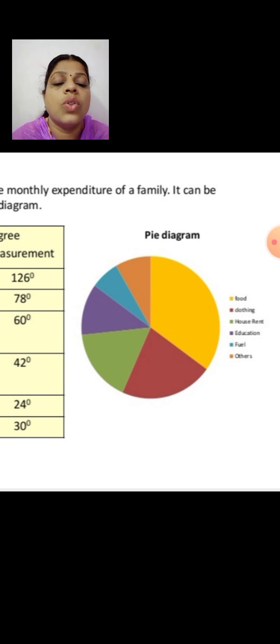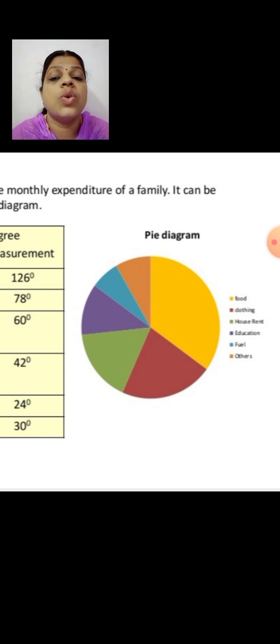Food, clothing, house rent, education, fuel and others. As I told you, using the protractor, at first we have to draw the radius, and from that we have to draw the various degrees and depict them in this pie diagram, and thereby we can find the different sectors in this diagram.